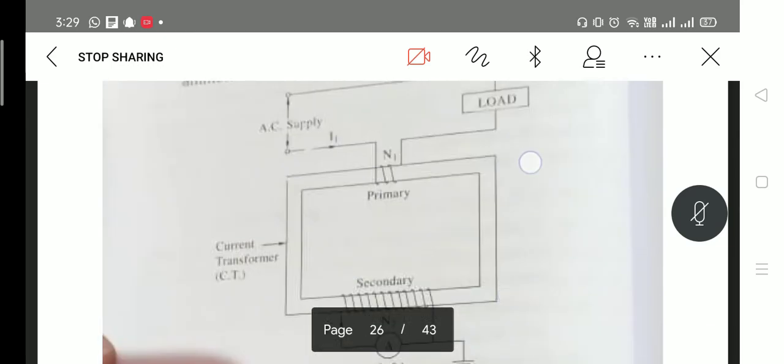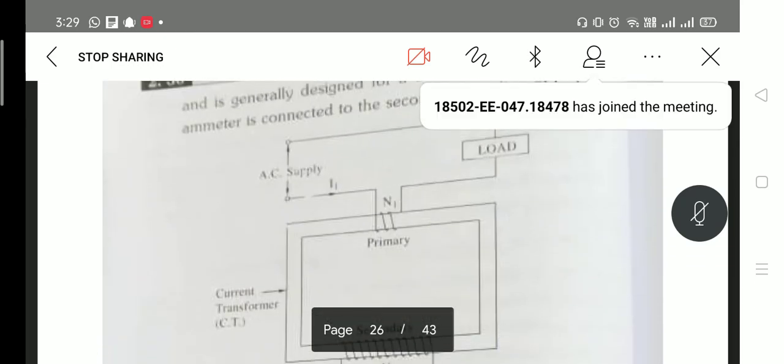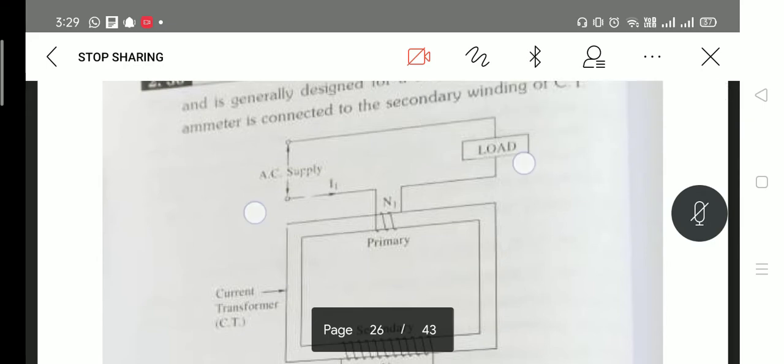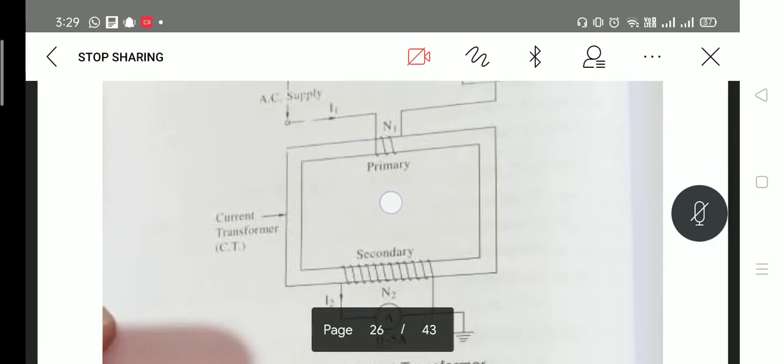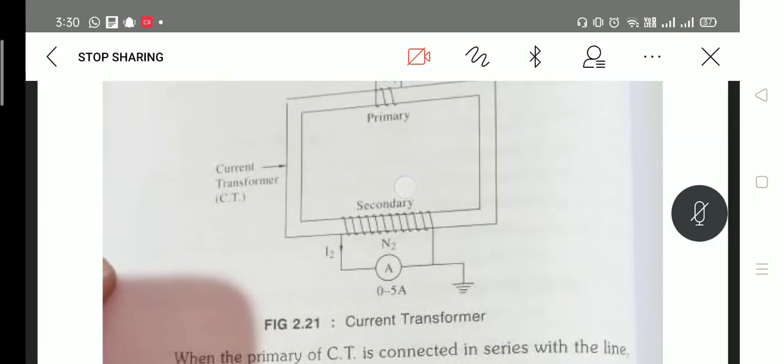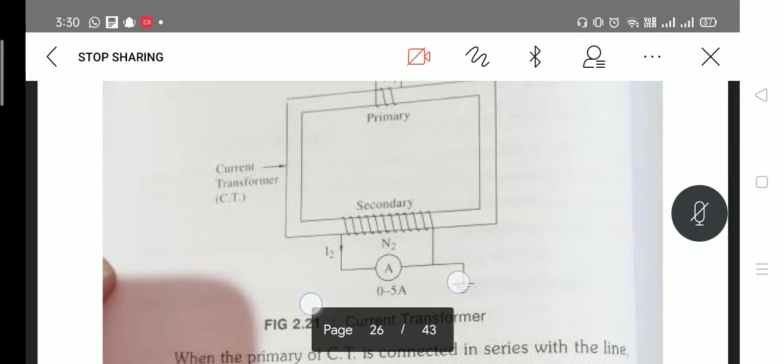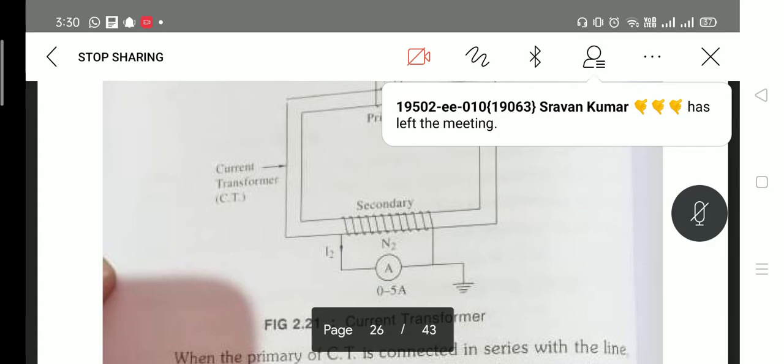From the primary side we have a high amount of current, which is reduced in this current transformer and given to the secondary coil, up to 0 to 5 amps. A smaller amount of power is given, and whatever is required, that value only is given on the secondary or load side.